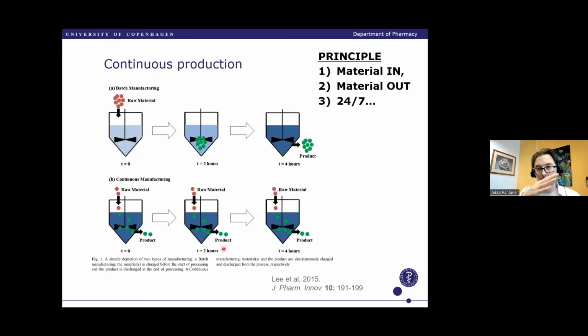So when you reach that equilibrium, then you can feed in material and take material out at the same rate, and then you can keep on processing 24/7. So you basically produce all the time, and that gives certain benefits for whatever productive industry. So you can make more efficient production cycles and smaller production geometries. So there are many benefits from this approach.